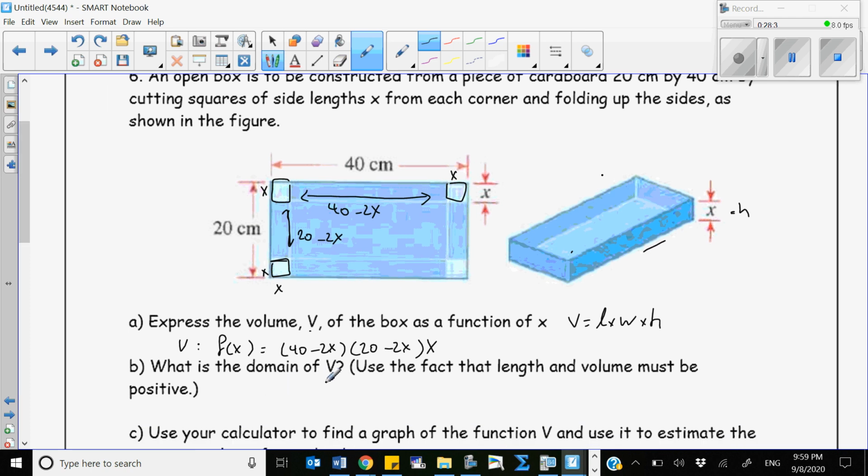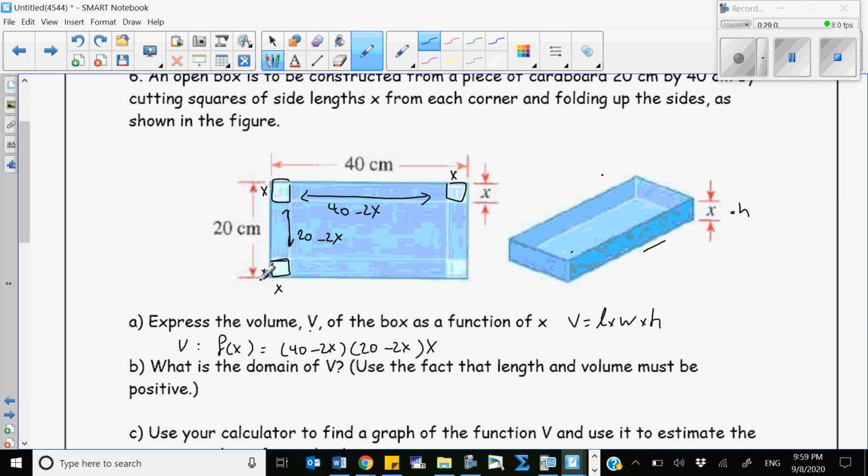Now it's asking what is the domain of V? Use the fact that length and volume must be positive. So here, let's say the width that I have here, the maximum of the width could be 20, but I'm cutting the x values from both sides. It's asking what is the domain of V, because V is a function of x, so I'm looking for the x values that I can use here. What are the domain of the x values that I can cut from both sides?